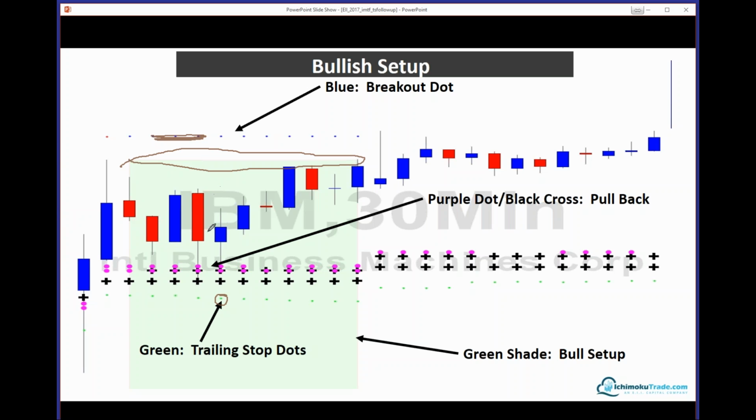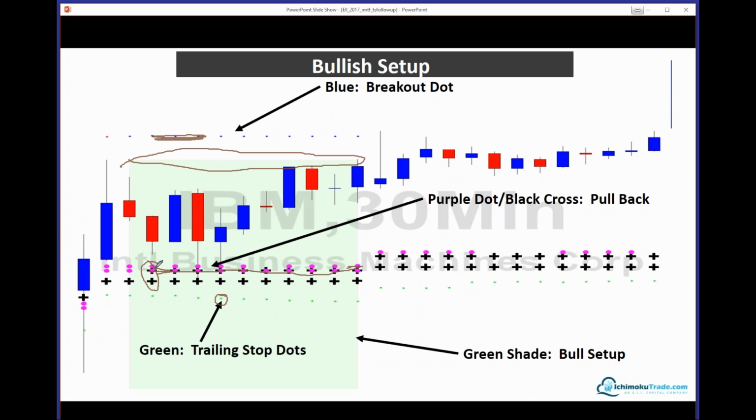Okay. If you're a pullback trader, then you're looking for the IMTF crosses and dots. So you look at the highest probabilities, dots and crosses. As soon as this turns green, what you're looking for is to place your pullback order, and you can see right here, from this bar on, is where you had a dot and cross at the same level.